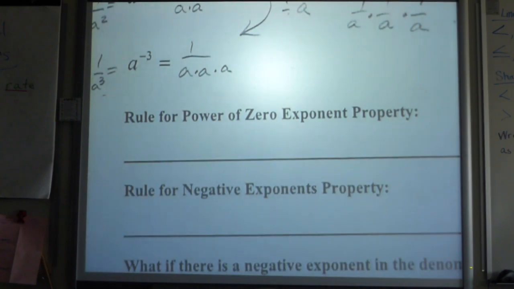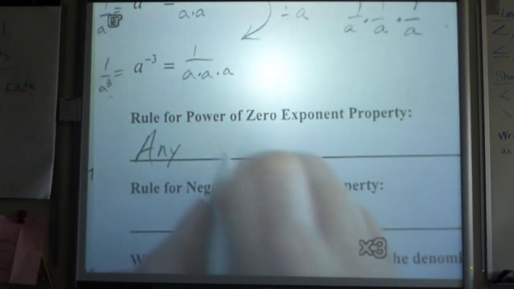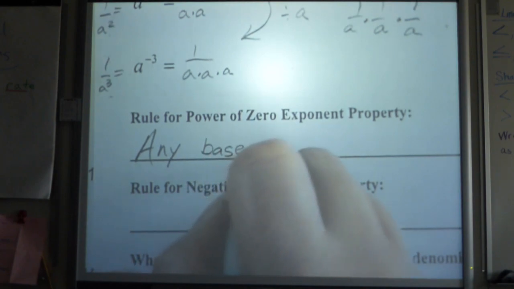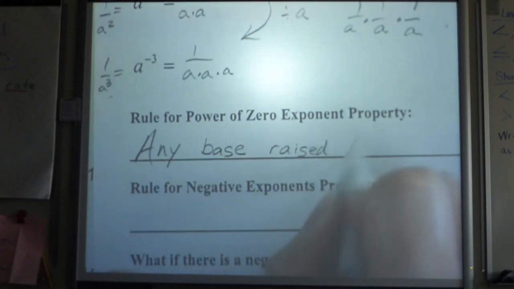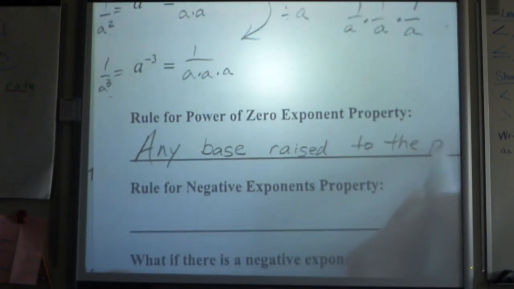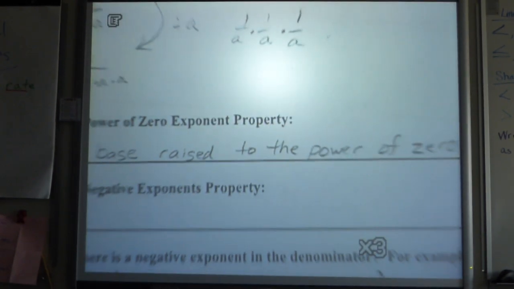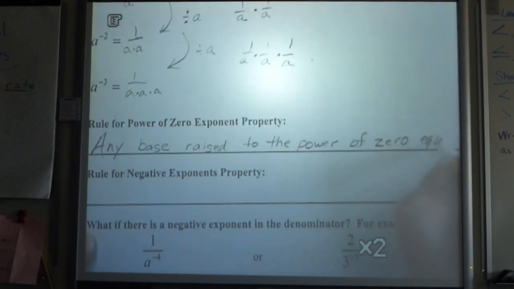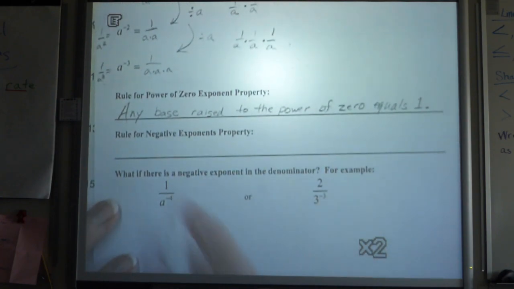Okay, I'm going to summarize this for you. Any base raised to the power of 0 equals 1.